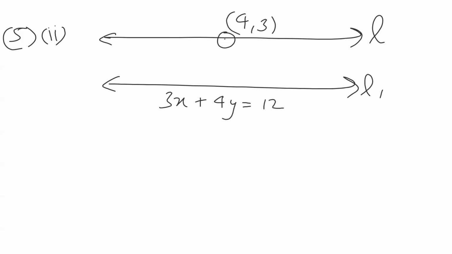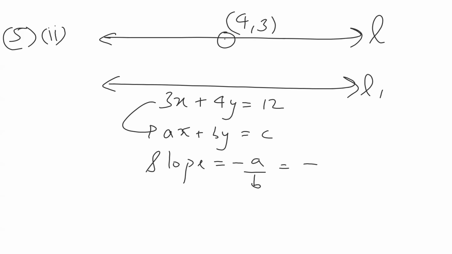So compare this with ax plus by is equal to c, the general format. Slope is minus a by b, where a is the coefficient of x and b is the coefficient of y. So slope is minus 3 by 4. The slope of line L is m and the slope of line L1 is m1.